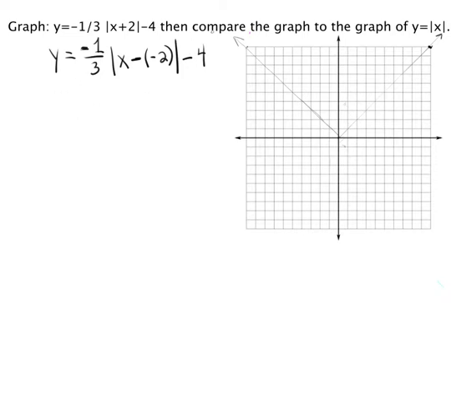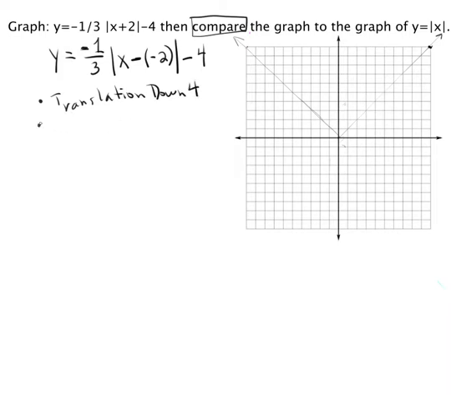So what we've actually just done is compare it to the parent function. I'm going to walk through that. My first thing, I like to start here at the up and down. So that would be a translation down 4.